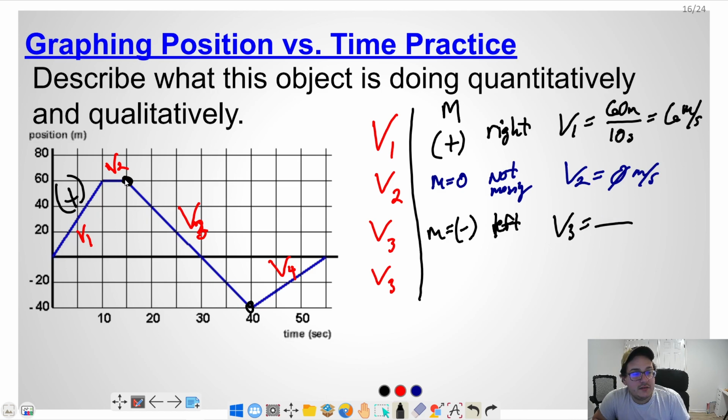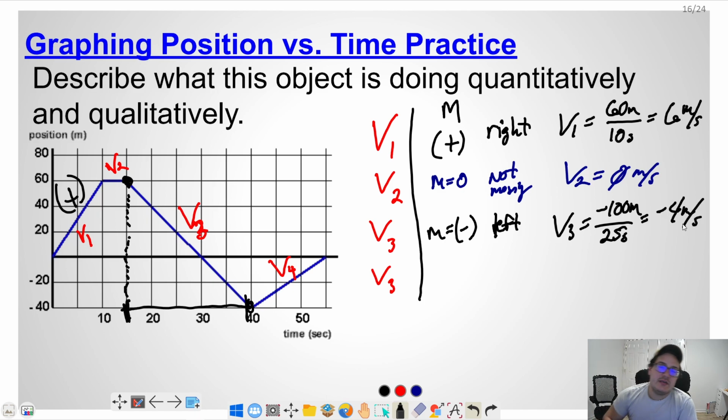Our rise is 60 plus another 40 down, so it's negative 100 meters across. Time equals 15 to time equals 40. That's 25 seconds. So a negative 100 divided by 25, that'll be negative 4 meters per second.